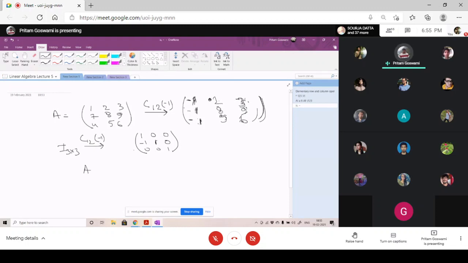Now look here. If you multiply, this is our E. If you multiply A with E from the right side, you will get 1 2 3 7 8 9 4 5 6 1 0 0 -1 1 0 0 0 1.